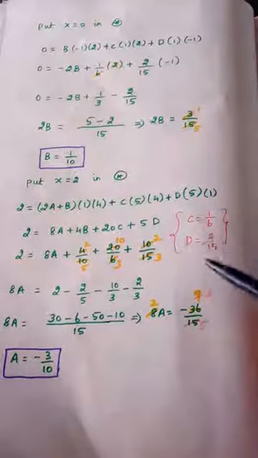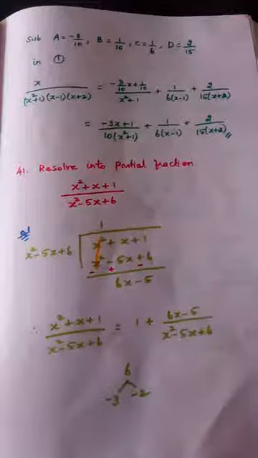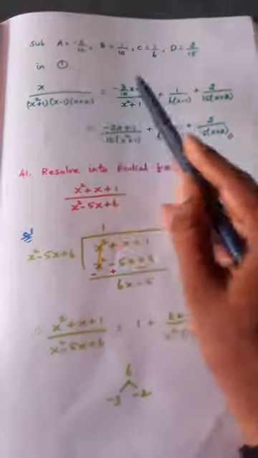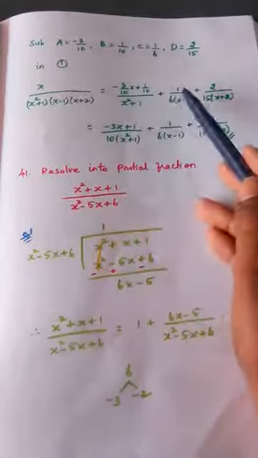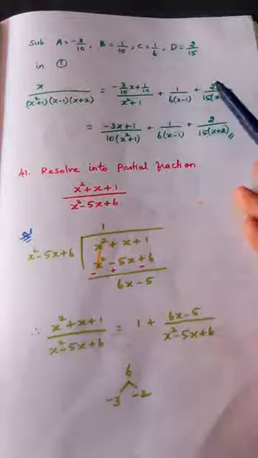Since we found out all the 4, now we can substitute in the first equation and give the answer. That is what is written here. Substituting all the 4 values in the first equation, we get this. Ax plus b by the first factor. C is 1 by 6, D is 2 by 15, so that is written.